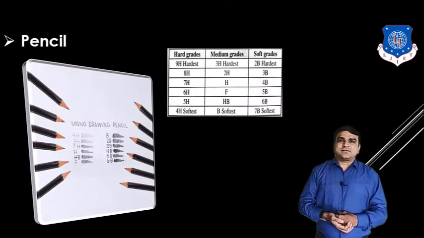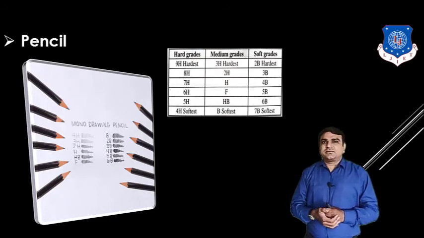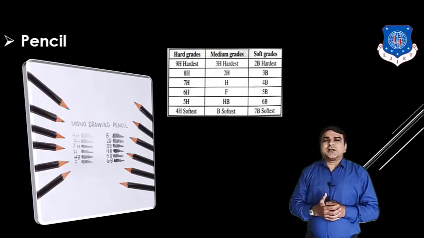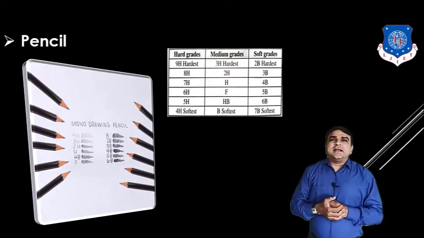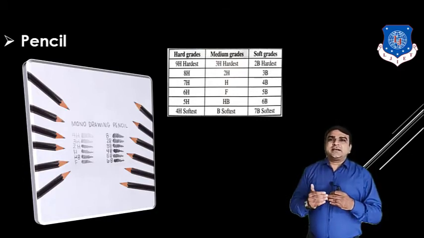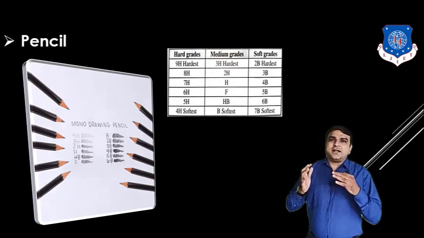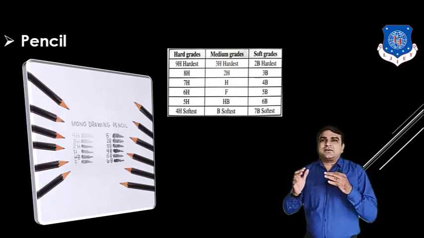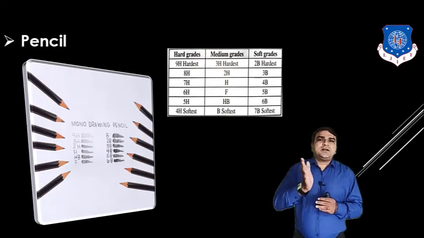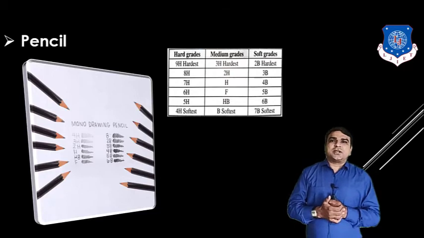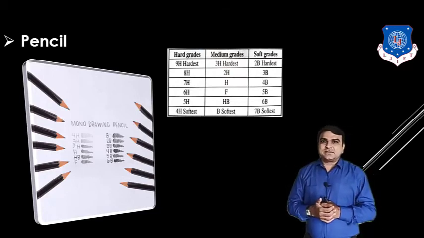Now pencils. Any drawing is a combination of different horizontal, vertical and inclined lines, in which some lines are thick, some thin, some very dark, some very light. For different variations in the drawing we need different pencil grades.